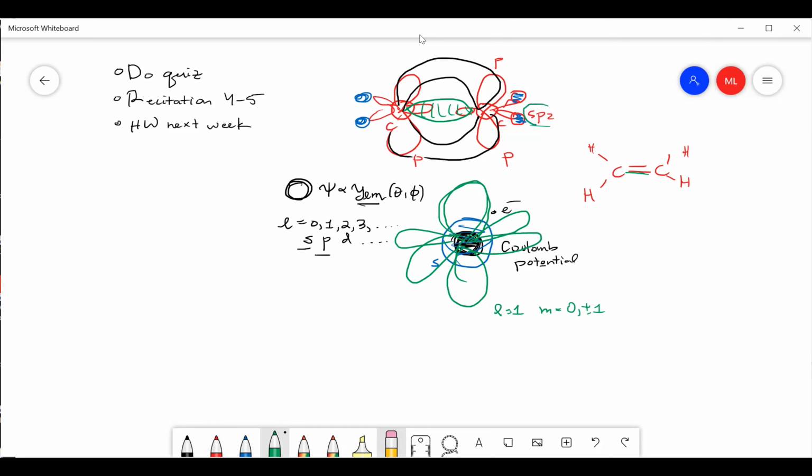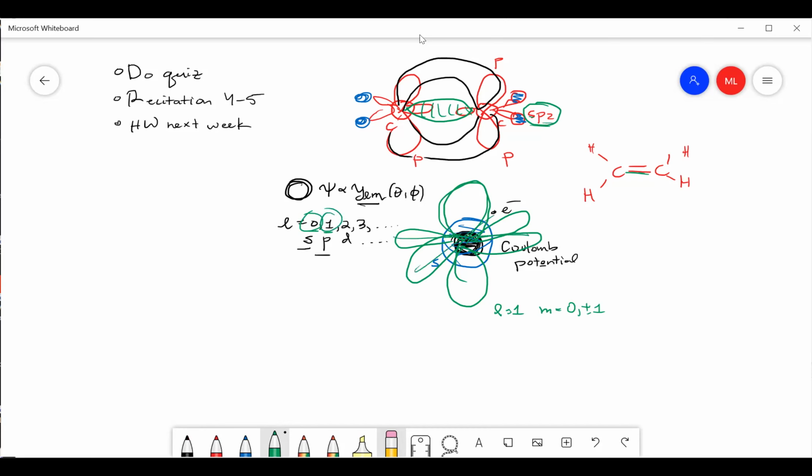And the reason these are called sp2 is that it's a linear combination, called hybridization, of the L equals 0 and L equals 1 states. It's labeled sp2: a combination of s, which is L equals 0, and p, which is L equals 1.